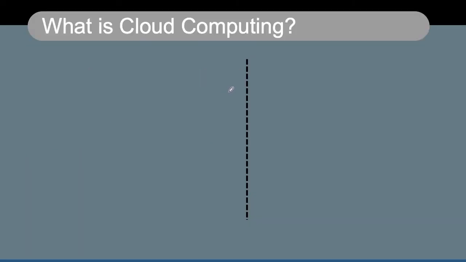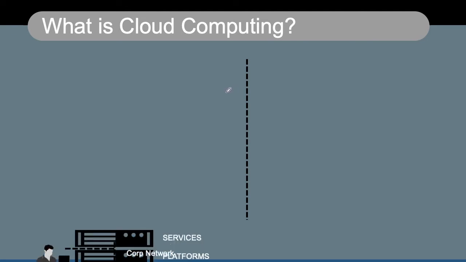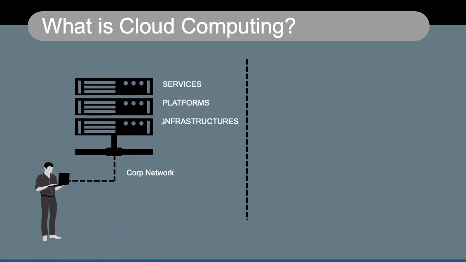So what is going to be the cloud computing? In the past, all our hardware infrastructure was kept in servers in the company offices, and this infrastructure had operating systems and platforms to run various types of services or applications.